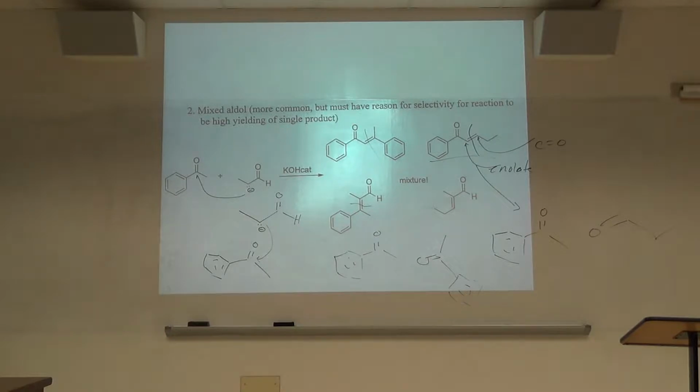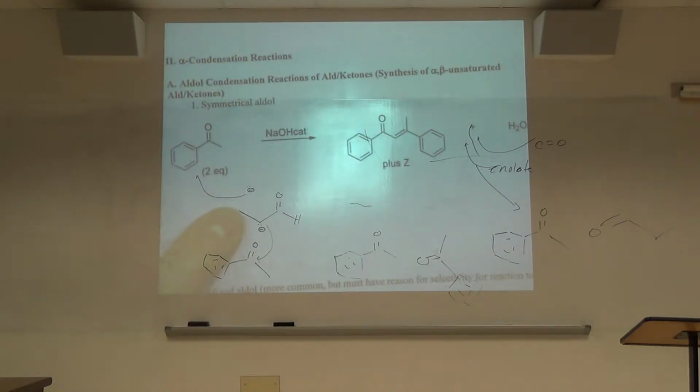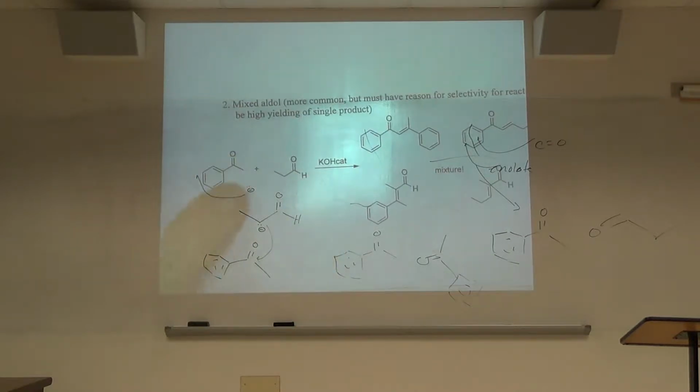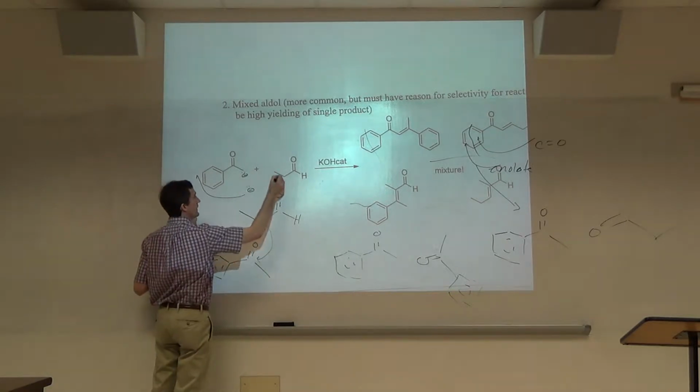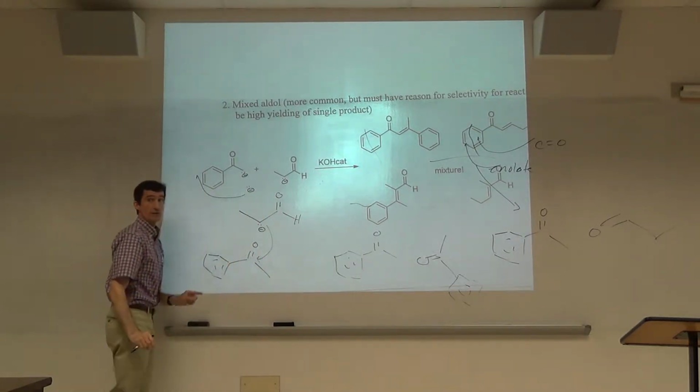Not going to be a good reaction. Up there, you only get 1 product. There's only 1 enolate that can be formed, and only 1 carbonyl that can be attacked. Down here, you have 2 enolates that can be formed, either that one or that one, and 2 different carbonyls, so it's 2 times 2.